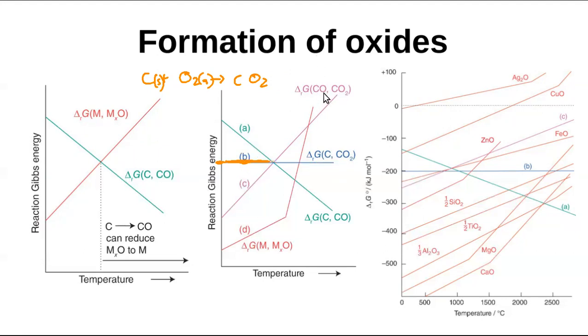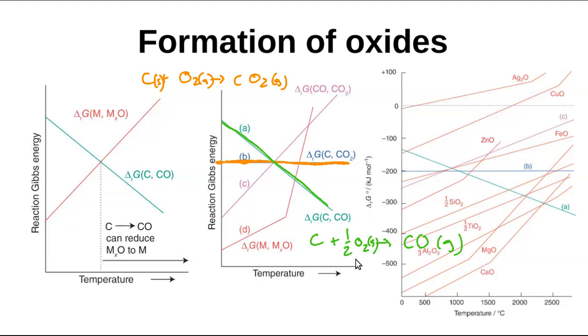And even more strange is the formation of carbon monoxide from solid carbon, because that is carbon plus half oxygen down to carbon monoxide. This is gas and this is gas. This is a full mole of gas, and this is only a half mole. So one large number for the entropy term minus half a large number.